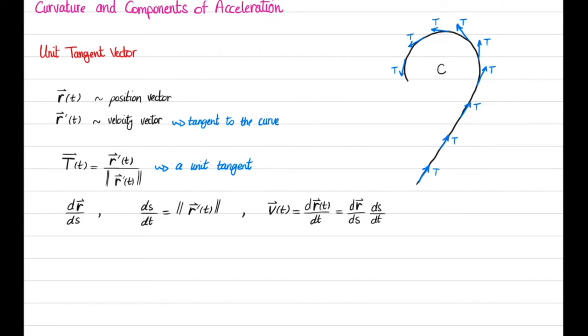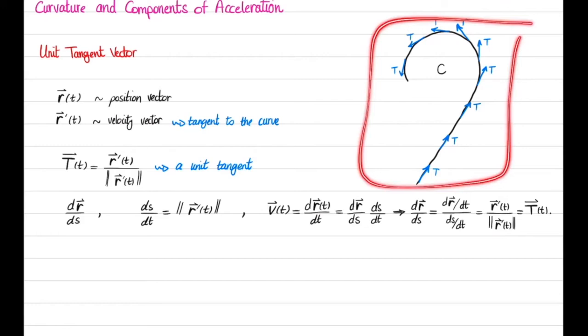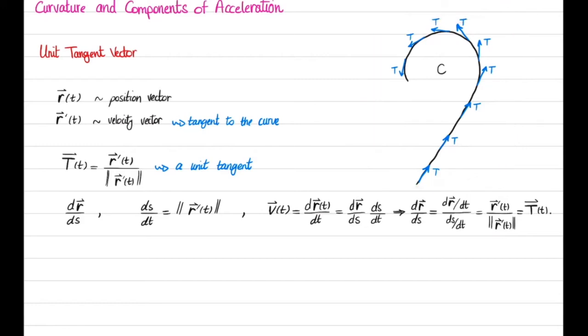Then from here, we can find dr over ds, where dr over dt is the derivative of r with respect to t, and ds over dt is equal to the magnitude of the velocity vector, and this is equal to the unit tangent vector. So on this curve here, as s increases, T moves along C, changing direction but not length, and we know that the length of this vector T is always equal to 1.